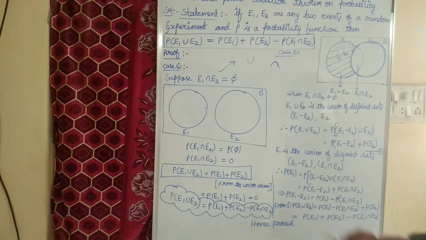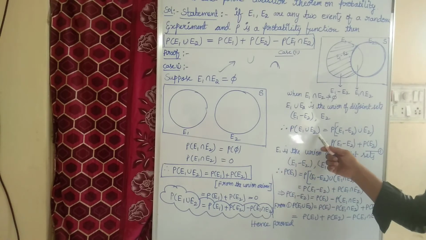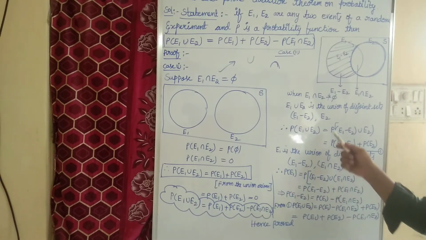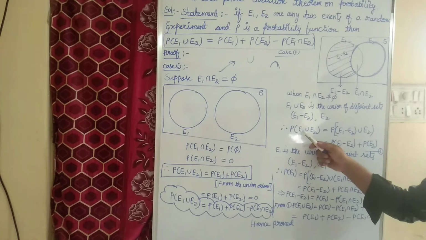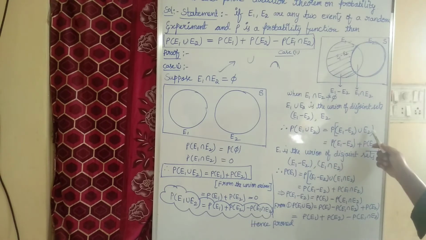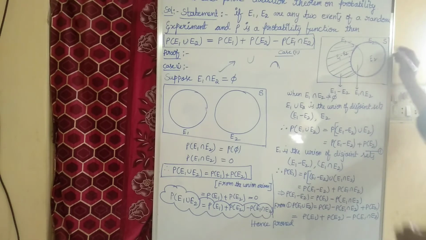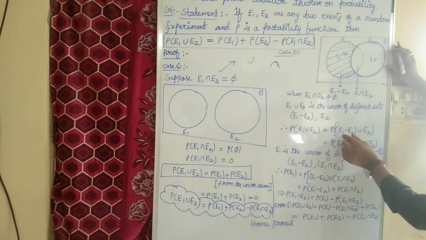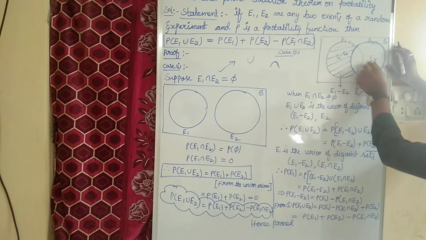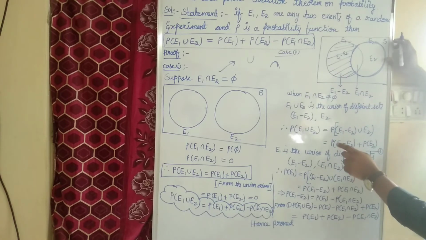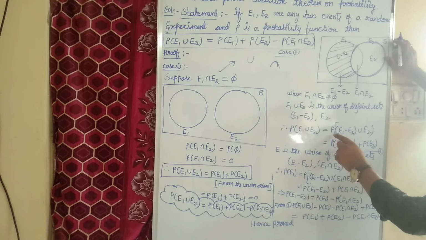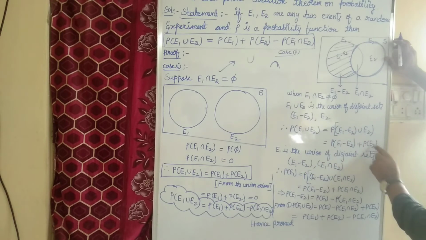So let us apply P of E1 union E2 equal to P of E1 minus E2 union E2, which is the union of disjoint sets E1 minus E2 and E2. Again, from the union axiom, P of E1 minus E2 plus P of E2. But what is E1?